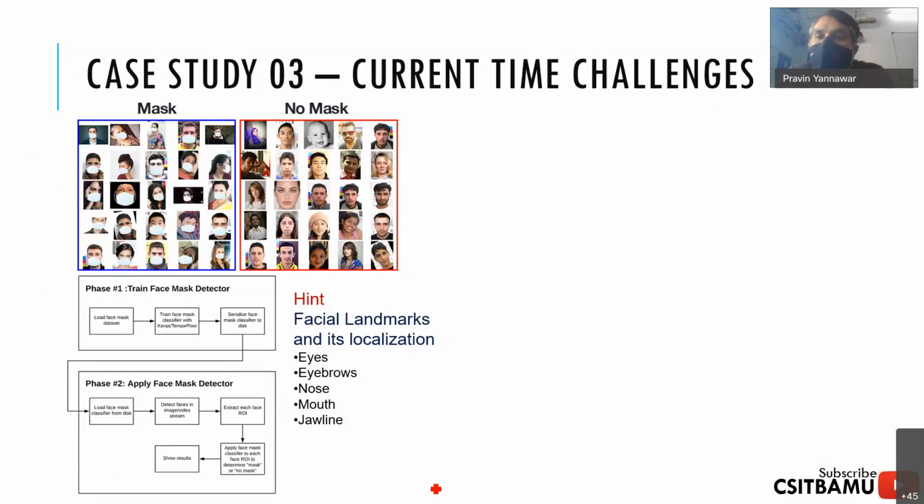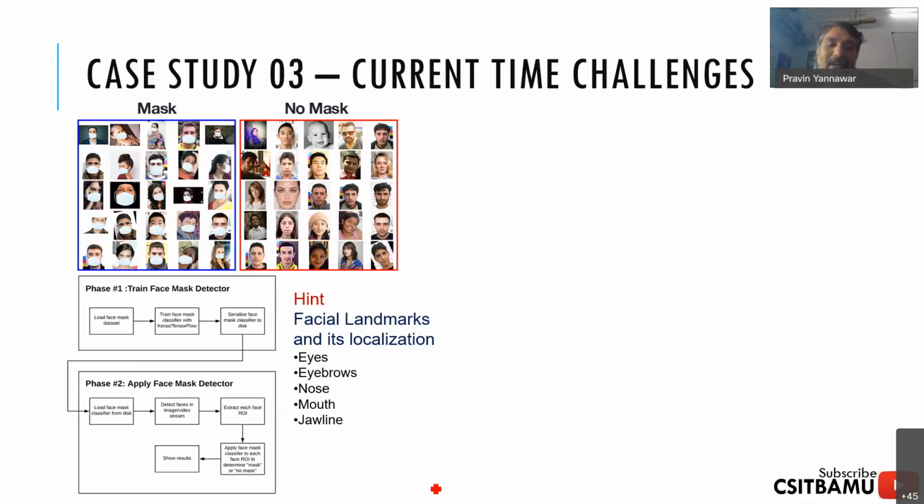If I wear the mask, a certain portion of my face becomes occluded. So you need to decide whether I wear the mask or not. This is being done with mask, no mask. So you can do this. This is a current time task.